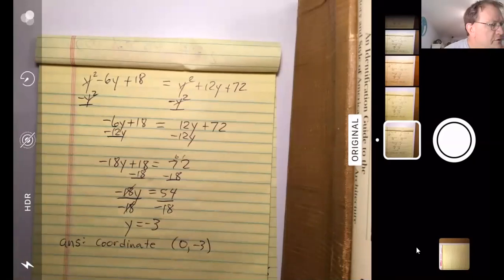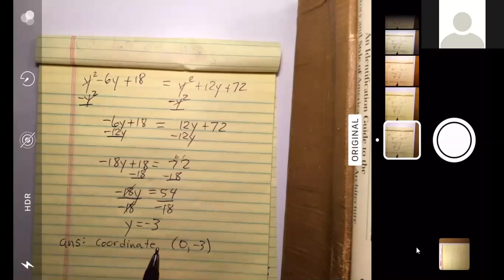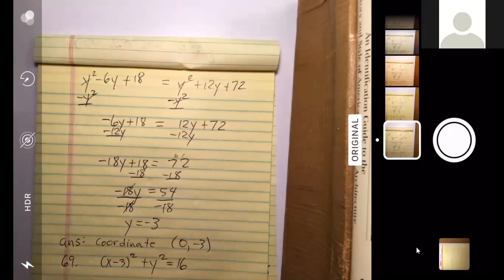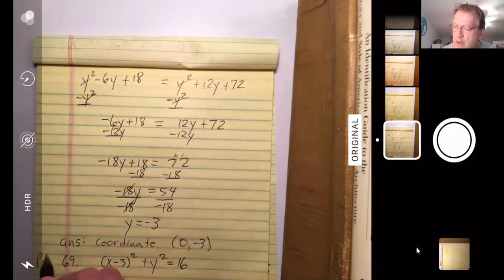It is (x minus 3) squared plus y squared equals 16. Okay, it's 1.2, on the circles. It's not the exercises yet, it's the "try" number 16, so that's on page 102.